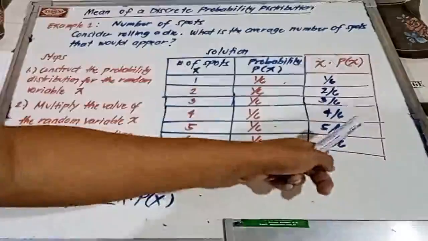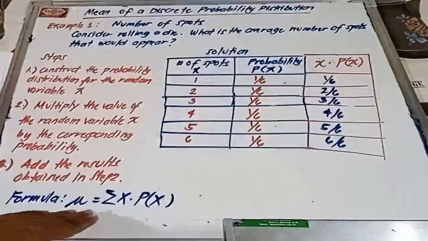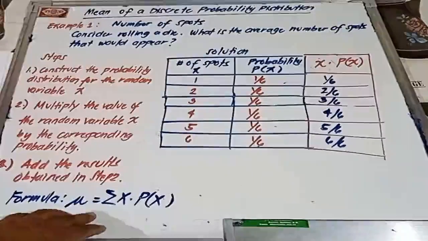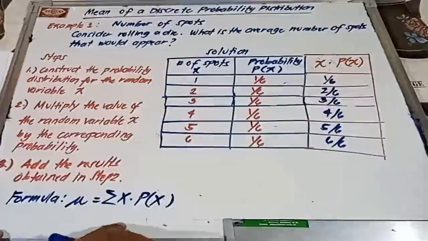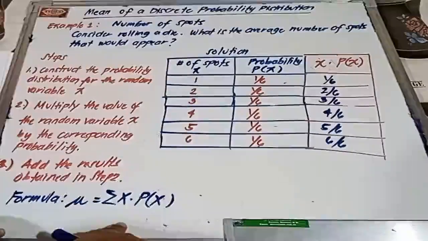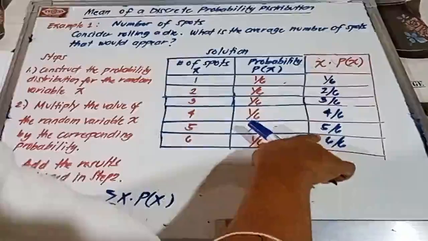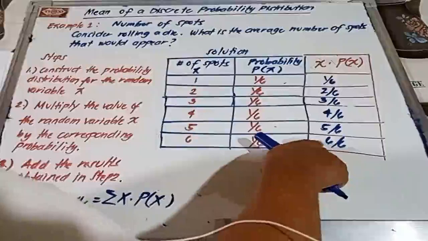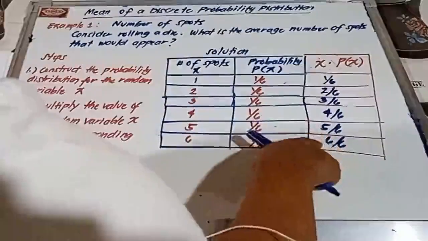So ito yan. Actually, if we add this, we're looking na dun sa ating value of the mean of the discrete probability distribution, which has a formula of summation of xp of x. So i-add natin to. That is summation of x times probability of x. So that will be 1 plus 2 plus 3 is 6, 10, 15, 21.